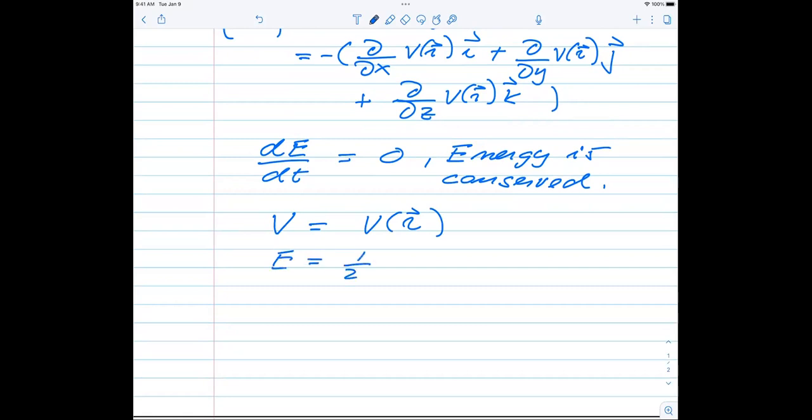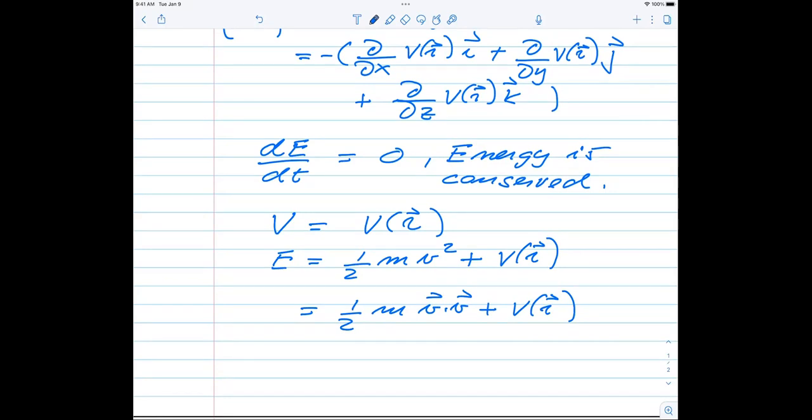So let's assume that we have just one object with the mass m, and this is given by v squared plus the potential energy. So we can rewrite this one as 1/2 of m times v times v plus V of r. And then what we need to do now is to take the derivatives of this quantity.